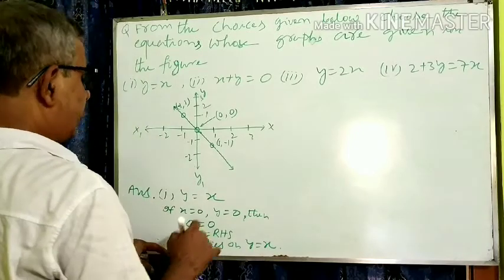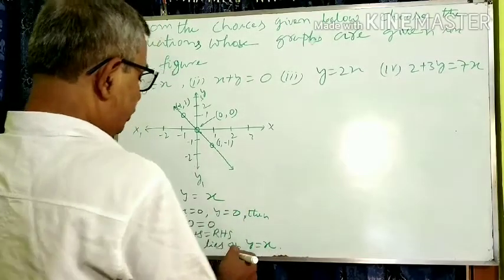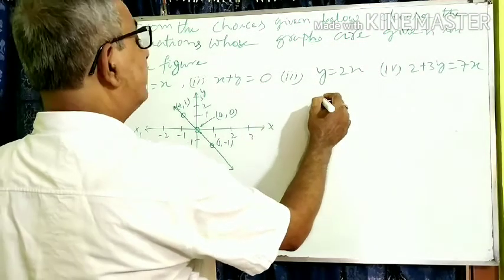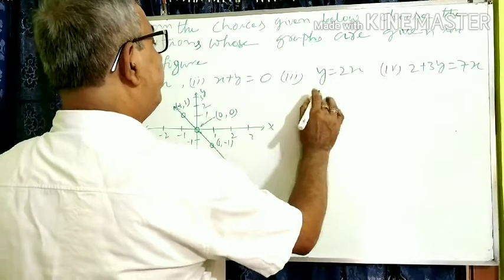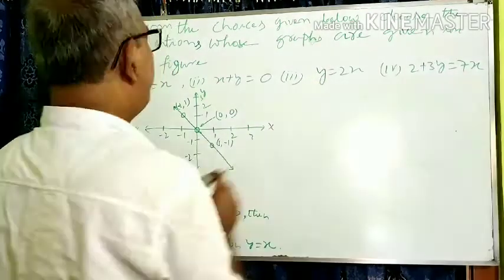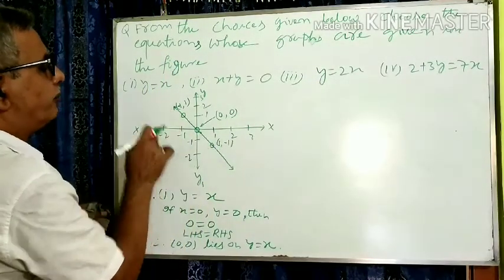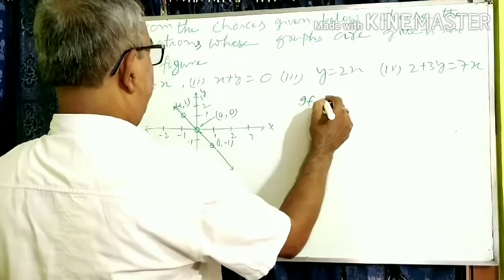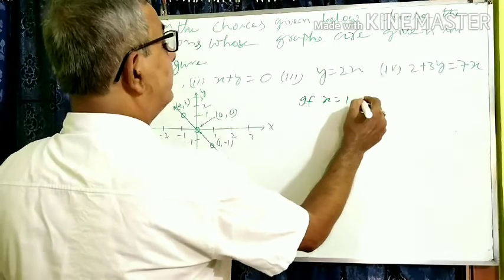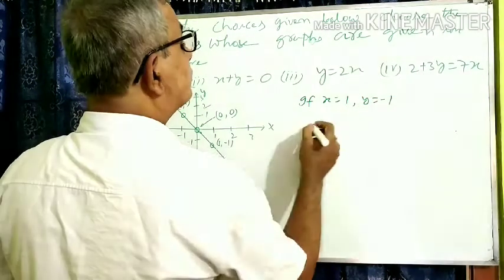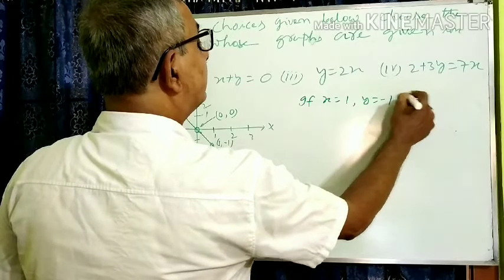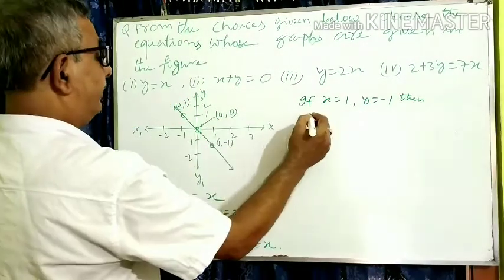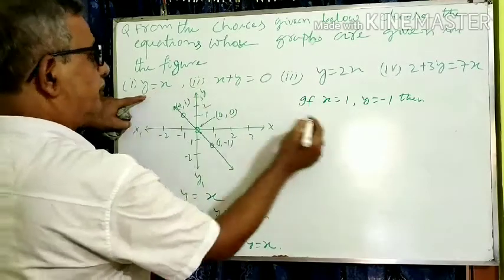Now second, you see, here there is no space, so I am coming here to write. Dear friends, again, which point? Either you take this point or that point. I am taking this point. If x is equal to 1, y is equal to minus 1, then y is equal to x is there.